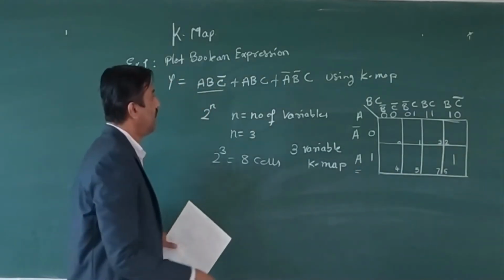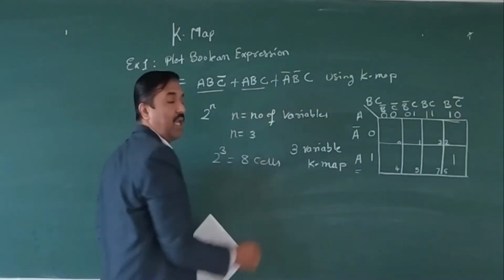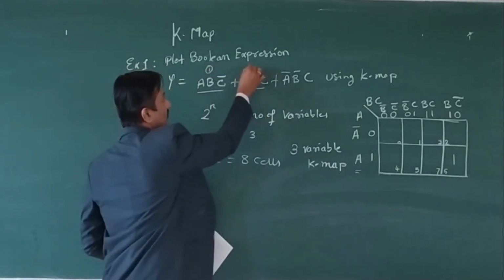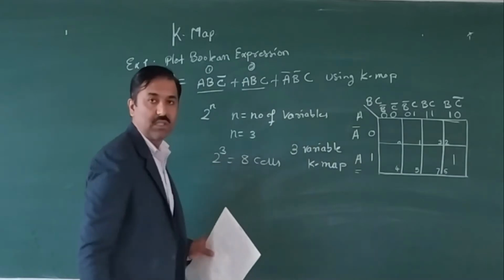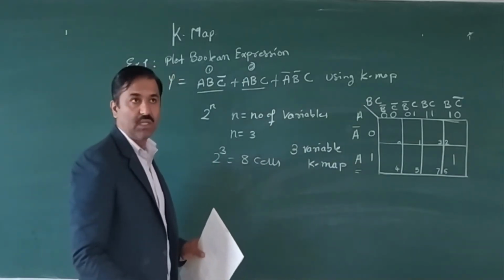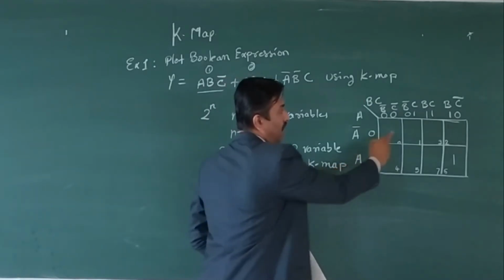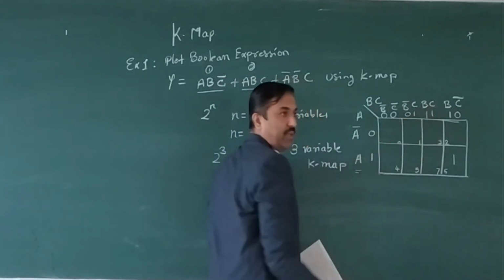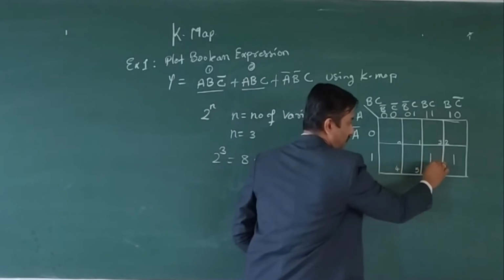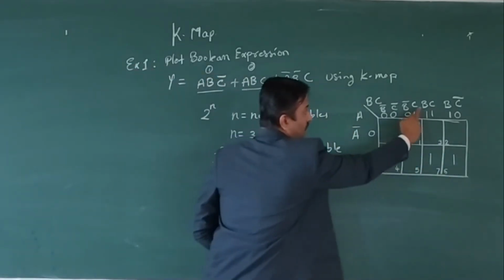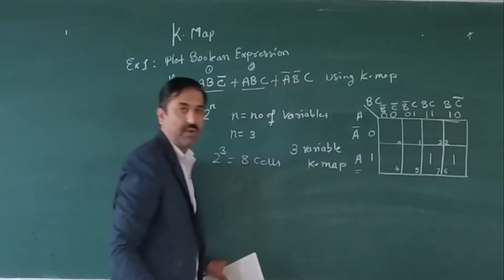Now the second product term is A B C. Check out where it is. I am going to put a 1 here, in the cell for A B C.